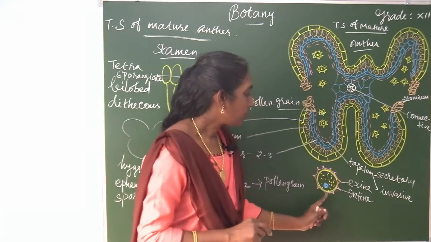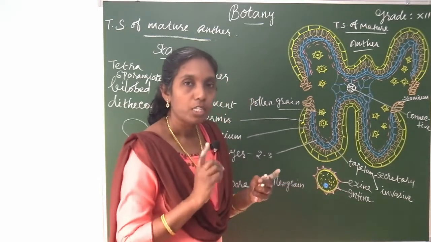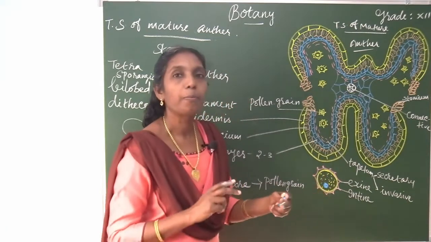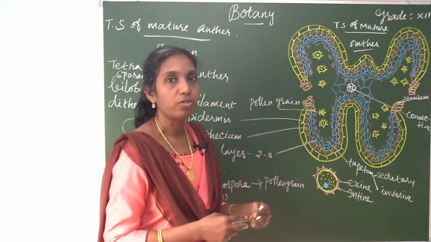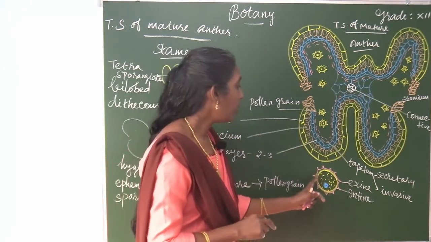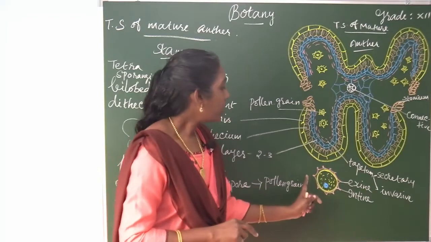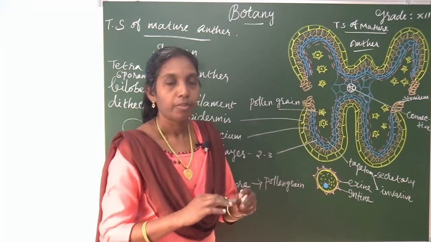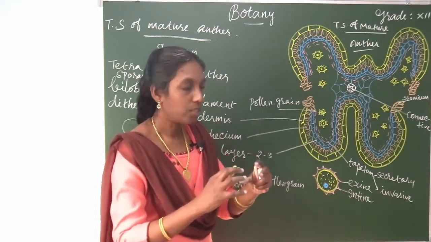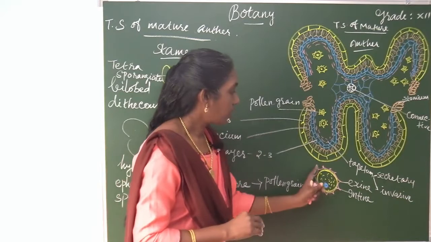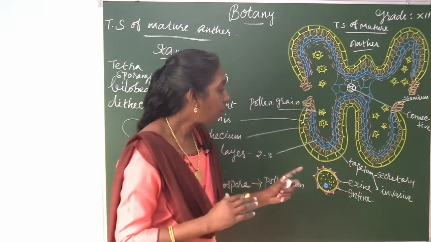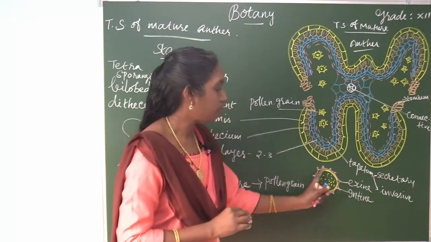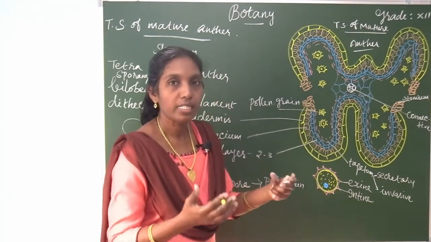The exine is made up of cellulose, sporopollenin and pollen kit, and the intine is made up of pectin, hemicellulose, and this type of wall material is present in the intine. And this exine is not uniformly distributed. There are certain regions which are not interrupted by sporopollenin, because the exine wall is made up of sporopollenin and cellulose.